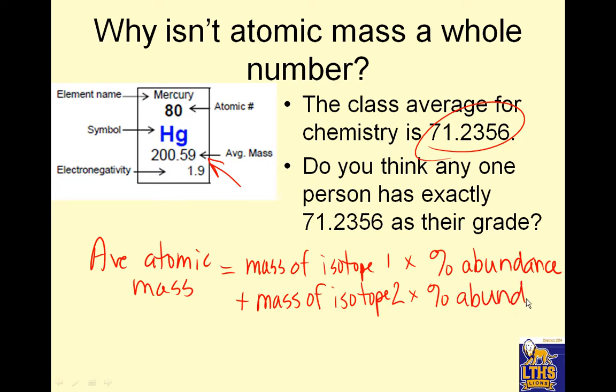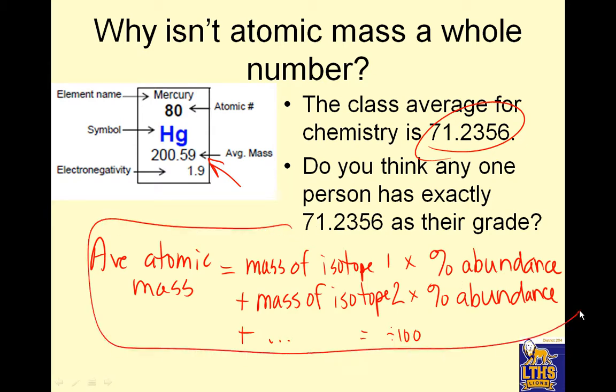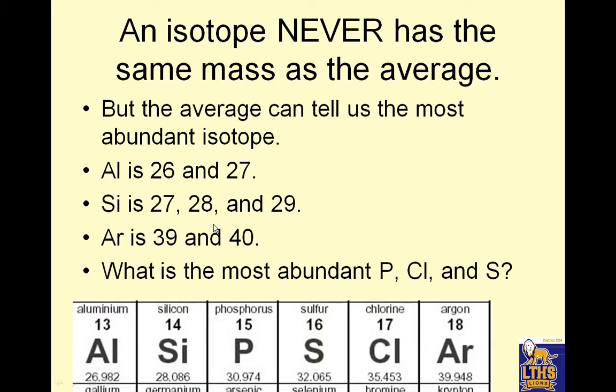So we have to take into account the different isotopes of each element. We have to add together all of those. Now when we're done, because we use percent abundance as a percent, you have to divide it by 100 to change it back.